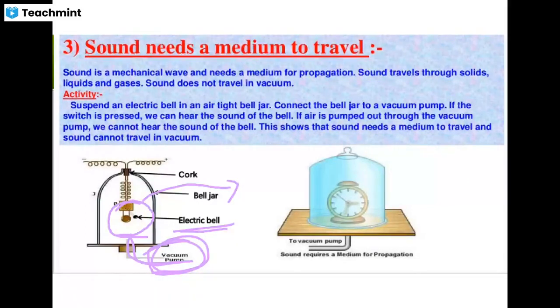That is because once you remove all the air and create a vacuum inside the bell jar, sound waves cannot travel through it. The experiment shows that sound requires a medium for its propagation.